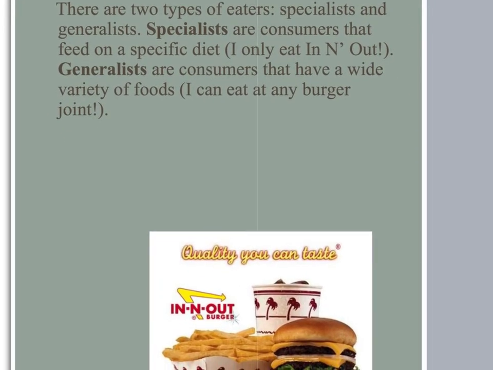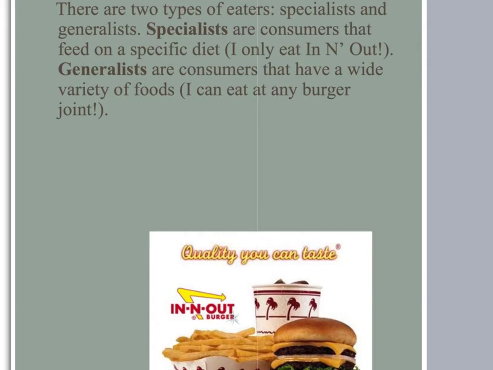There's two types of eaters, specialists and generalists. Specialists can only eat very specific foods. For example, if you are the kind of person that says, I will only eat In-N-Out hamburgers. Or specialists could be like a picky kid.